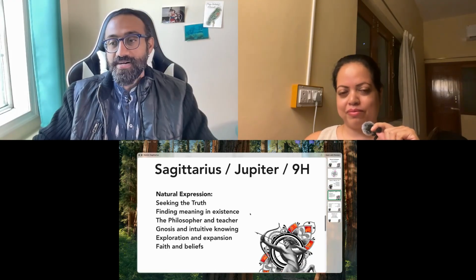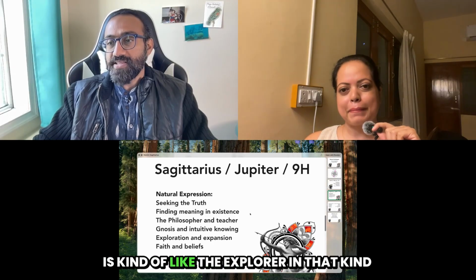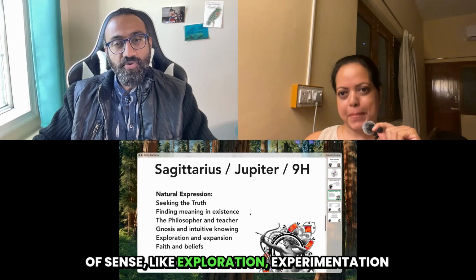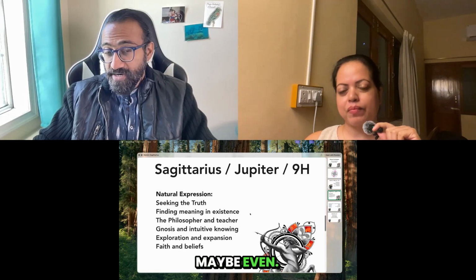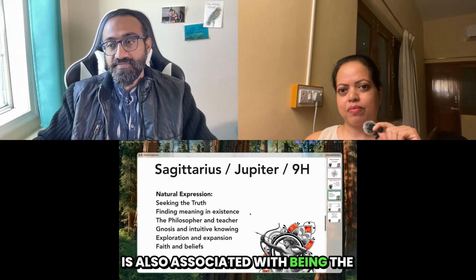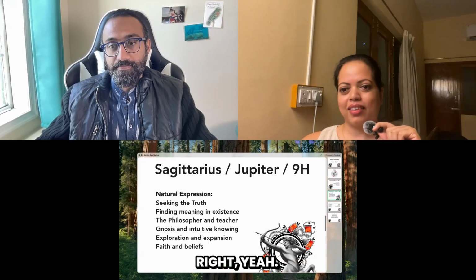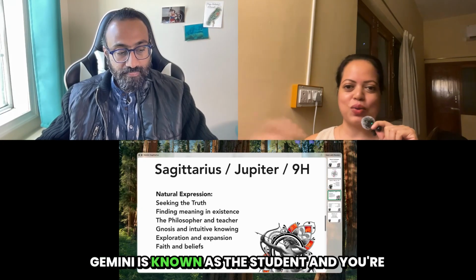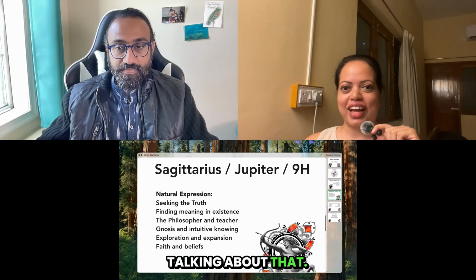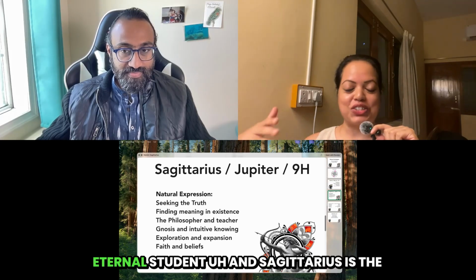And so I find it fascinating how Sagittarius is the explorer in that sense, like exploration, experimentation, maybe even. And it's interesting because this sign is also associated with being the philosopher and the teacher, right? Yeah, Gemini is known as the student, and we're talking about how both of us relate with the archetype of the eternal student.